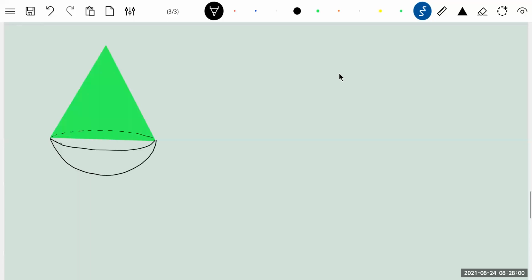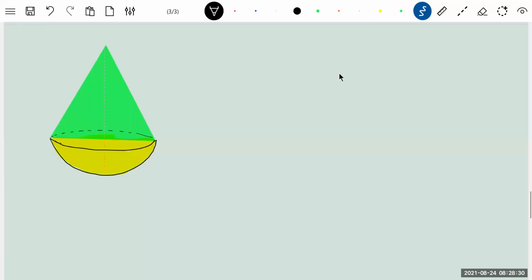Solid hemisphere. It may not be a perfect diagram, I tried to adjust. I have kept it like this.